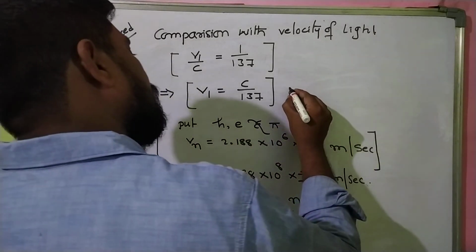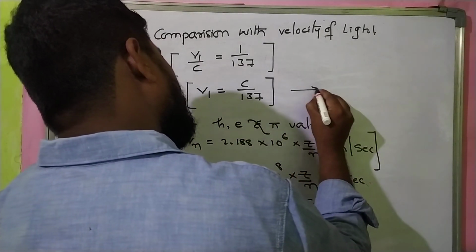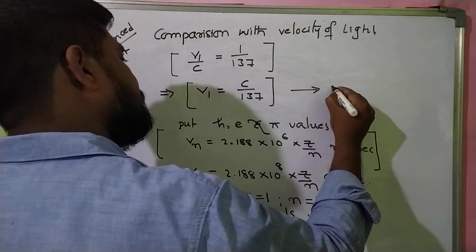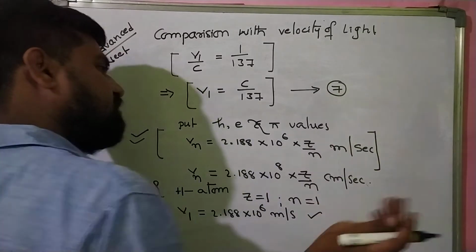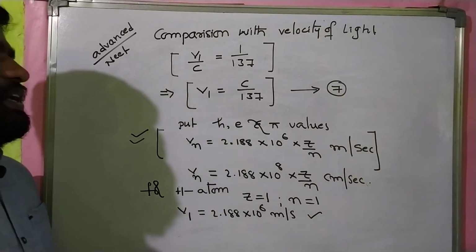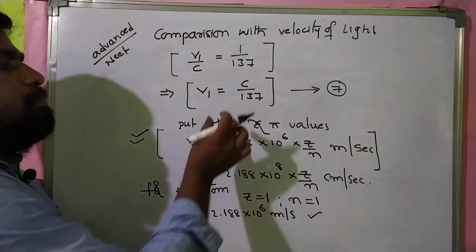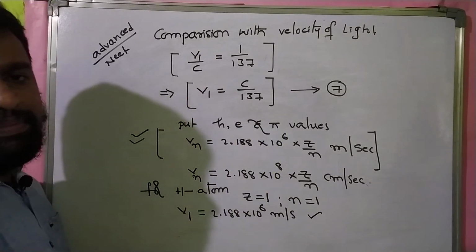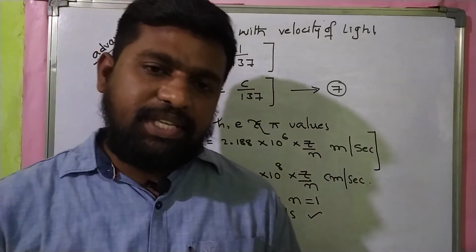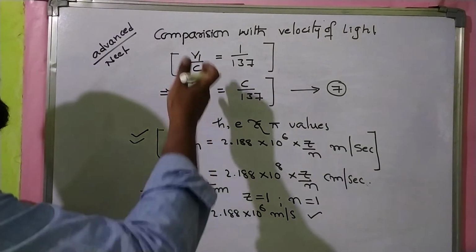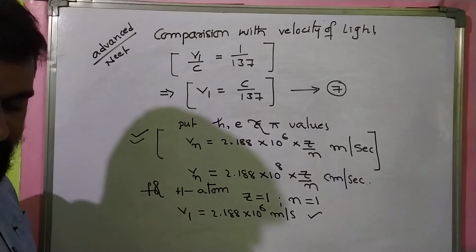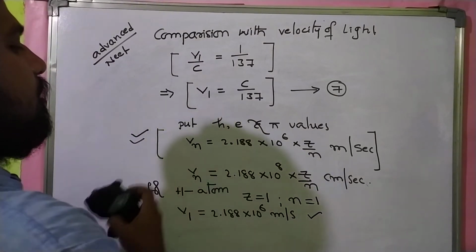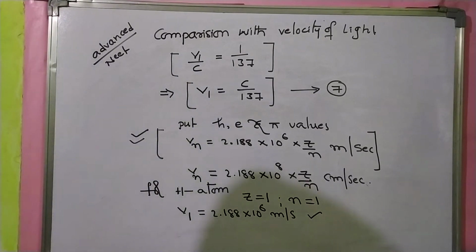Keep it in your mind. I think it is equation number 7 or 8, whatever number you can write. Very, very important for all competitive examinations. This is the velocity compared with light. Please note up to this.